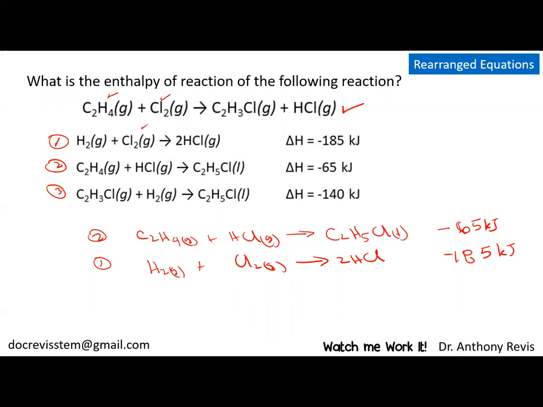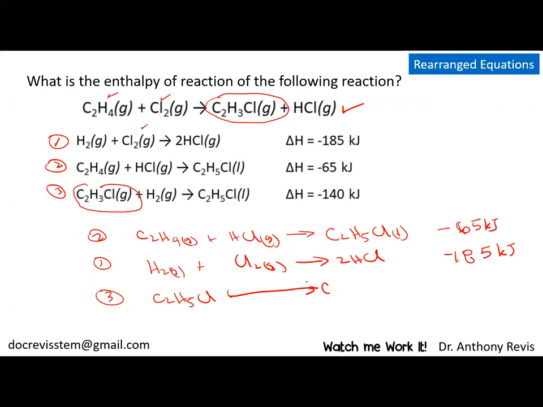So we've taken care already of two things. We've taken care of the C2H4 and the Cl2. And so that only leaves equation number 3 left to work with, right? Now, if I look at equation number 3, I notice that this is on this side. Therefore, I have to flip that equation. And if I flip that equation, I also have to flip the sign. That's just how life works. So if I flip that equation, I'm going to now have C2H5Cl on this side, and an arrow going to the other side.